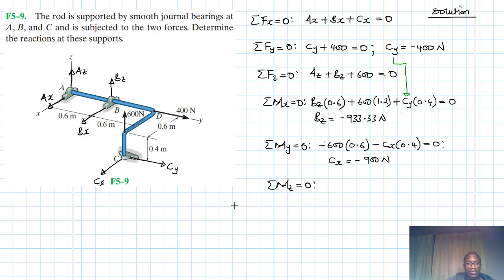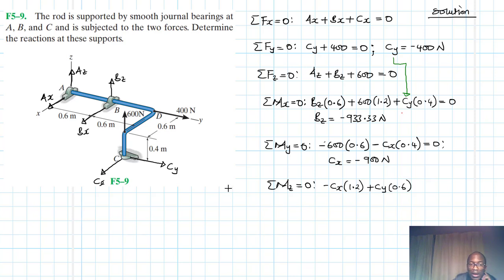Cx is causing a negative moment, so we'll have minus Cx times the lever arm. As the lever arm is 1.2, we are finding moments about the z-axis. And then Cy is causing a positive moment, so it's Cy times 0.6.